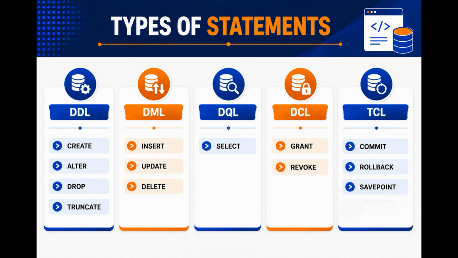The fourth type being DCL, that is data control language. Since this deals with access and permissions, the important commands are grant and revoke. The last one, that is TCL or transaction control language. The important commands here are commit, rollback, and savepoint.